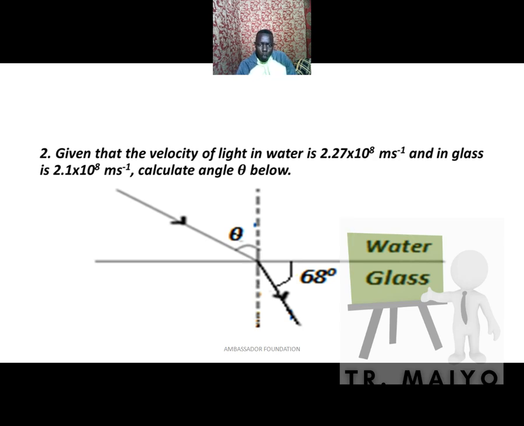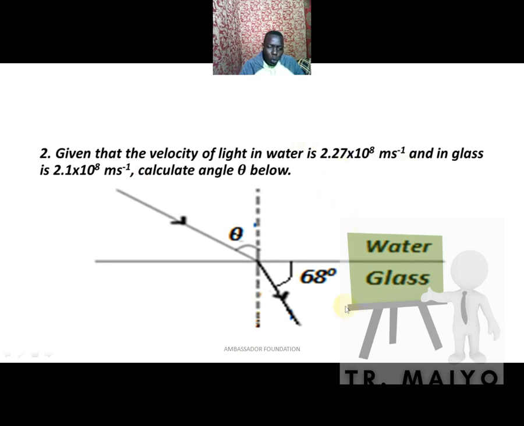Given that the velocity of light in water is 2.27 times 10 power 8 meters per second, and in glass is 2.1 times 10 power 8 meters per second, calculate the angle theta. Very simple. First of all, we get the refractive index using the velocities of light.